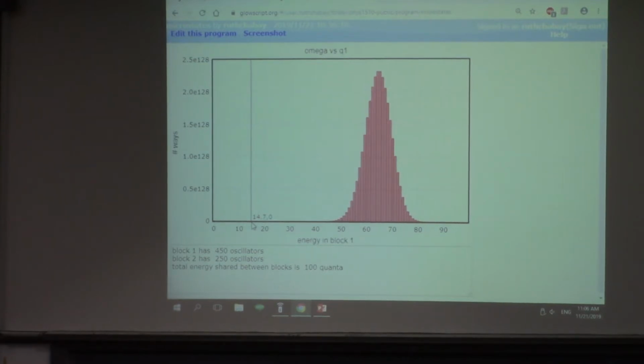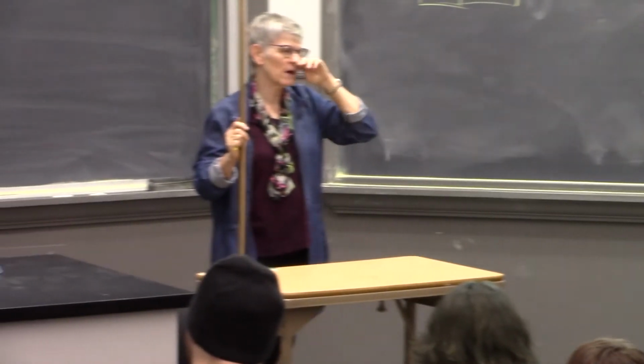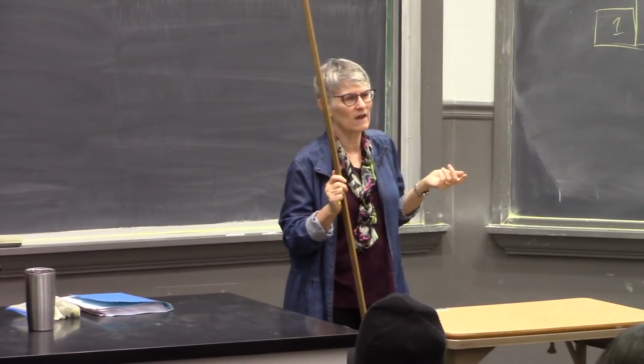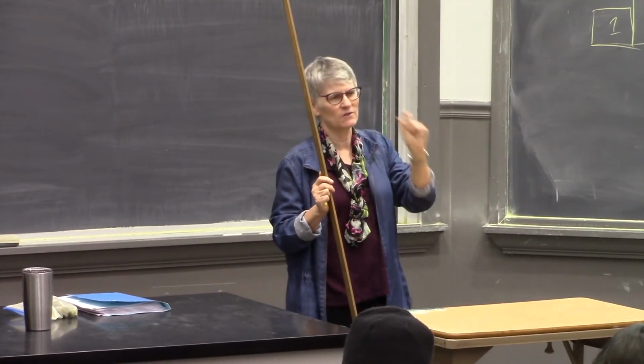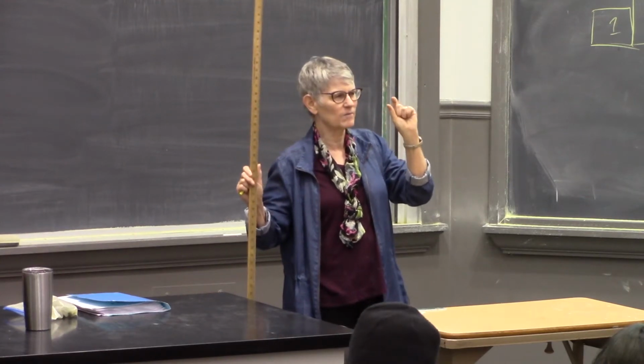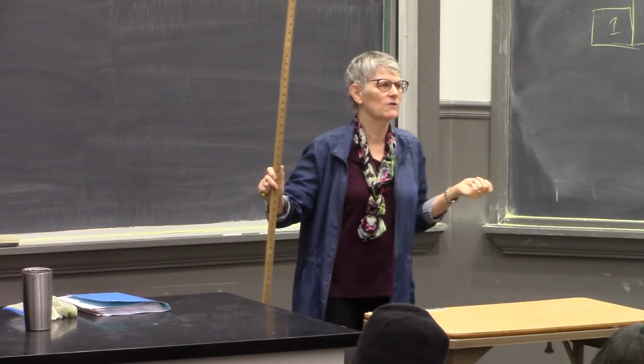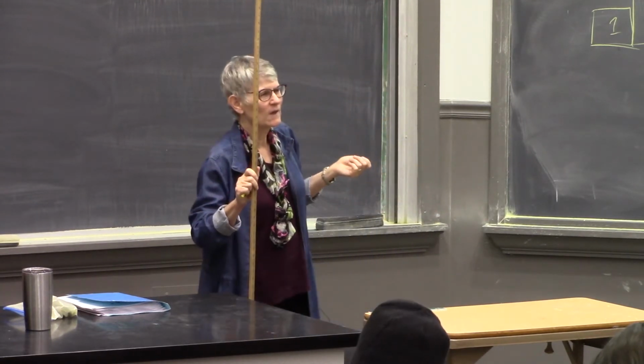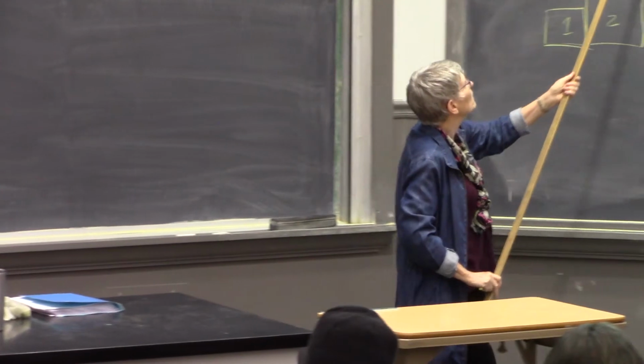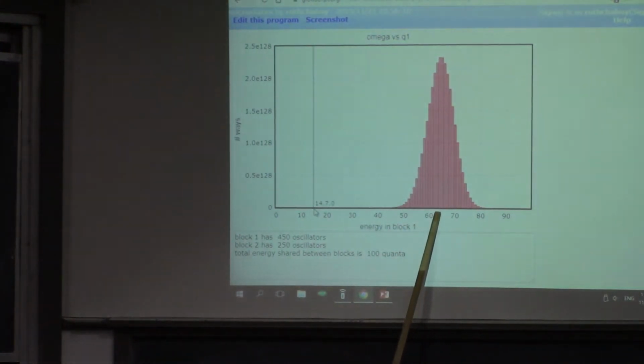Well, energy is bouncing around in this system, and if we just took a photo of the system showing us where all the energy was once a second for the lifetime of the universe, or for a long time, we'd find 63 or something percent of the energy in block 1 and the rest of the energy in block 2.